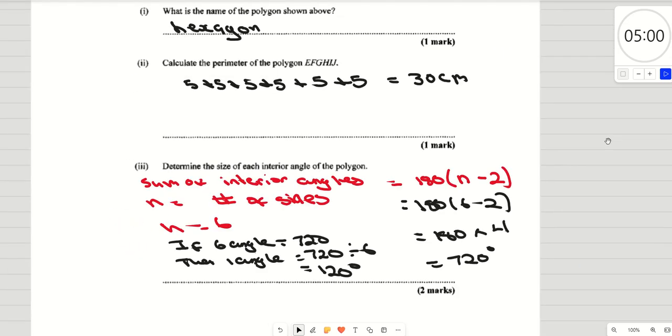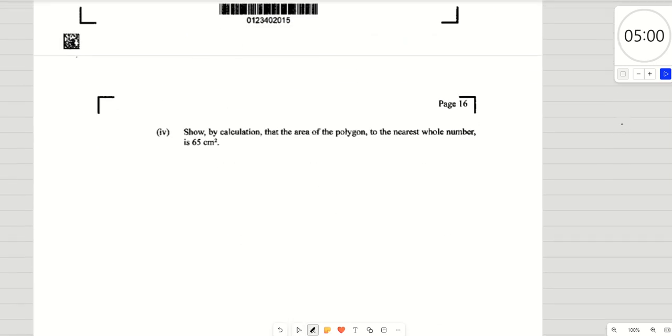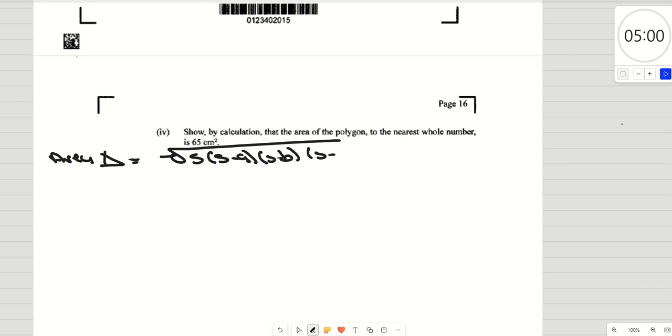Right. So Heron's law states that the area of a triangle is equal to the square root of s open bracket s minus a by s minus b by s minus c, where s is your semi-perimeter, which is a half multiplied by the perimeter of your triangle, which is 5 plus 5 plus 5, which is 15.